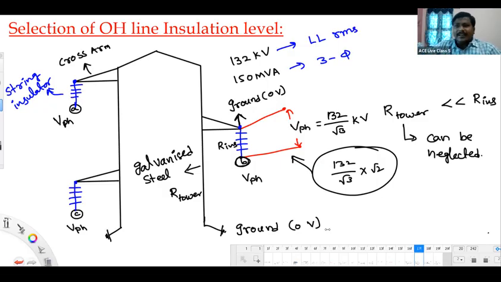At any operating condition, my insulator should not experience any flashover, so we should select the insulation level. Then only we can avoid the flashover.